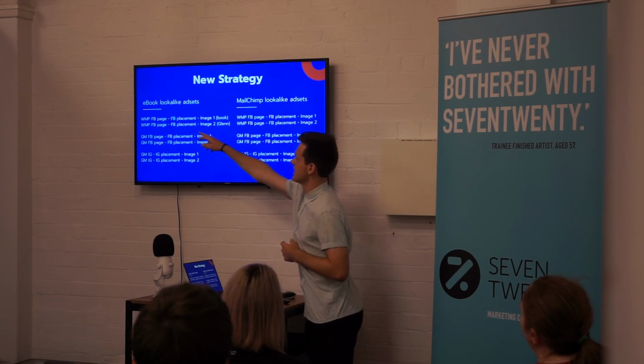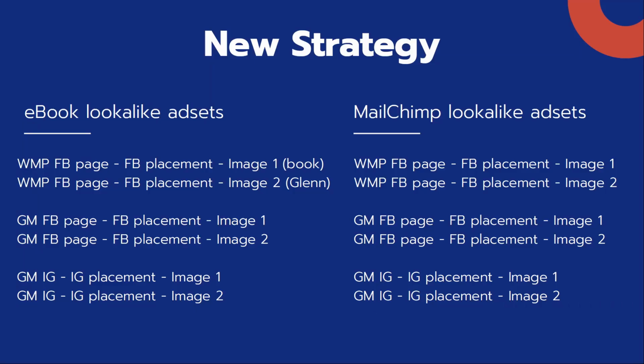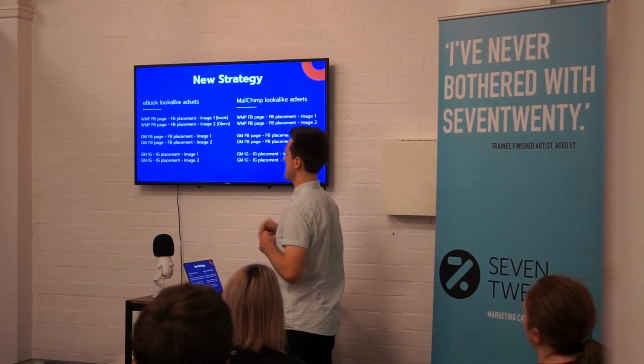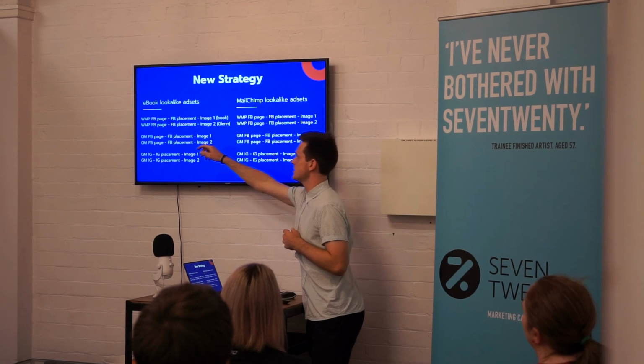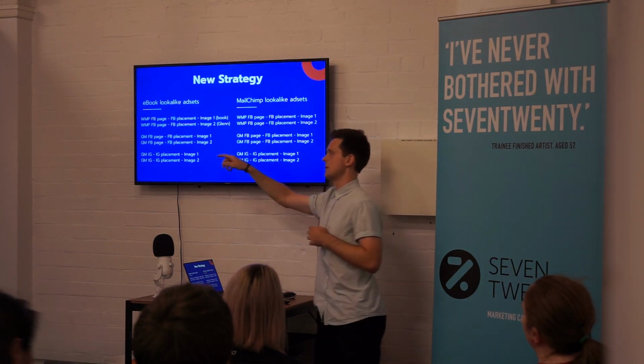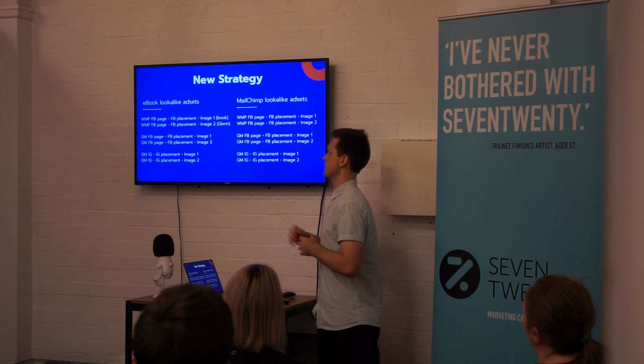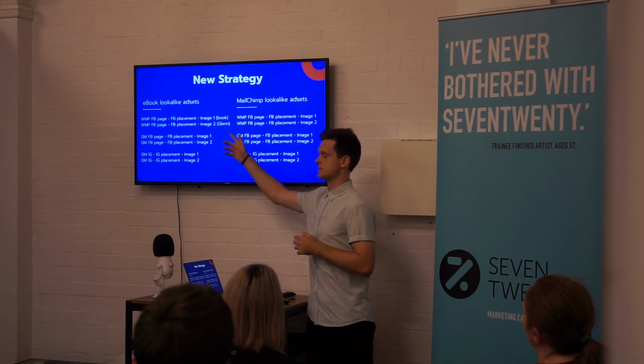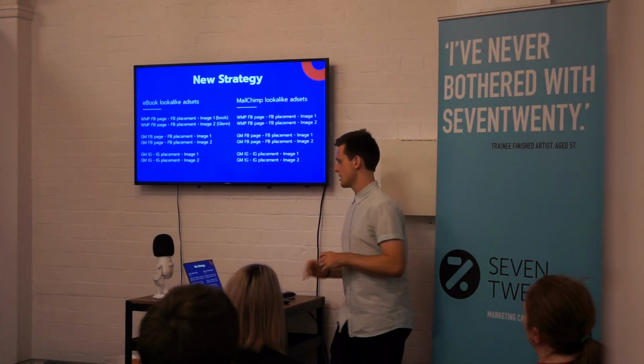So you can see we had the WMP page with a Facebook placement, and then there were the 2 ad assets that I showed you: the ebook asset and the photo of Glenn holding his hands up, looking very serious. And then we also experimented with Glenn's page with a Facebook placement with the same images, and also Glenn's page with an Instagram placement with the same images. We didn't do the WMP on Instagram just because they didn't have an Instagram page.